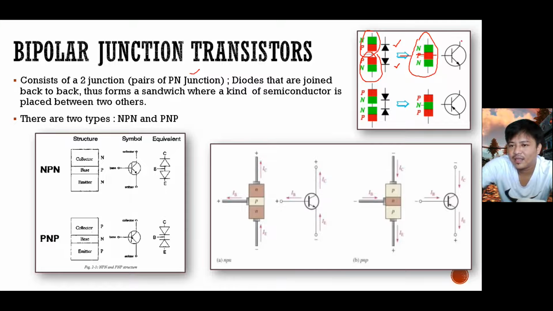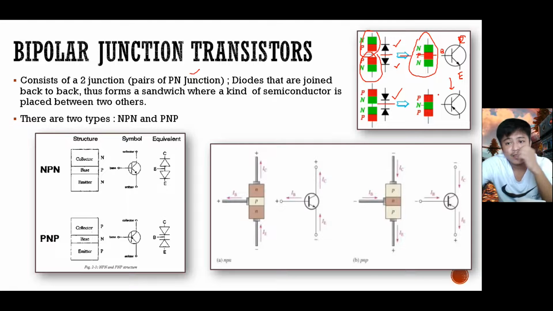It is NPN. The P here will be the base. And this will be the emitter, this will be the collector, and this will be the emitter. But the equivalent circuit will be different.